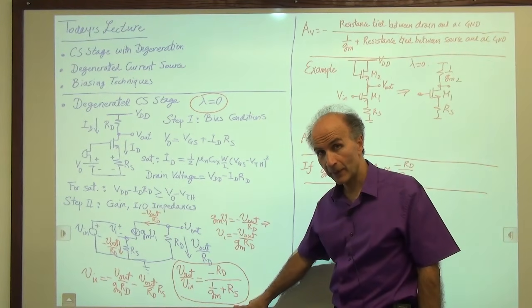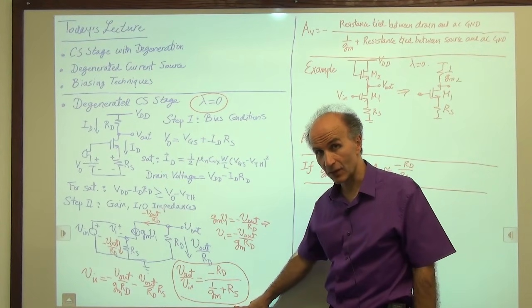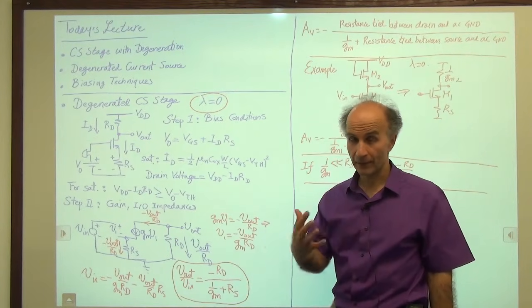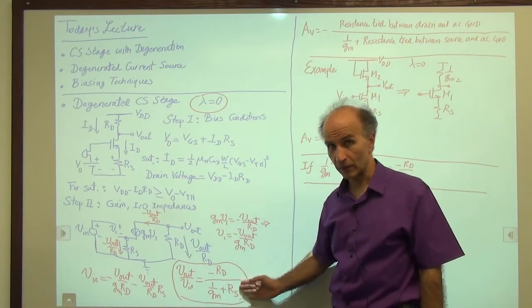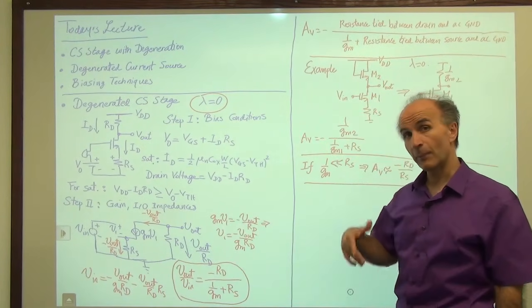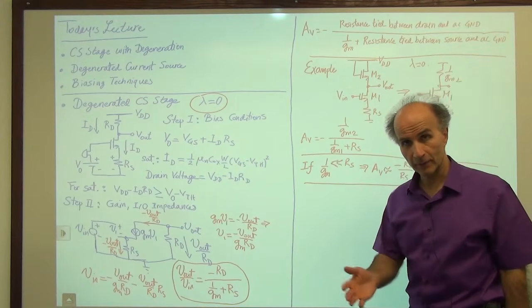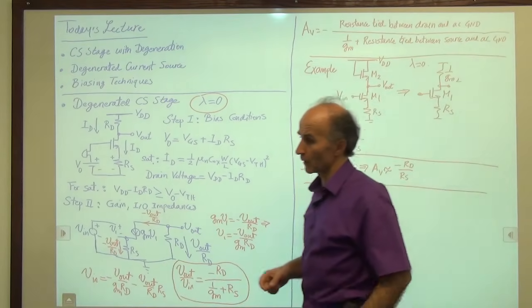So the price that we pay in making the circuit less sensitive to those variations is a reduced gain. That's a fact of life. That's the trade-off that the engineer has to make when he or she is designing the circuit. The gain will be lower, but the circuit will be less sensitive to process and temperature and supply and everything else.